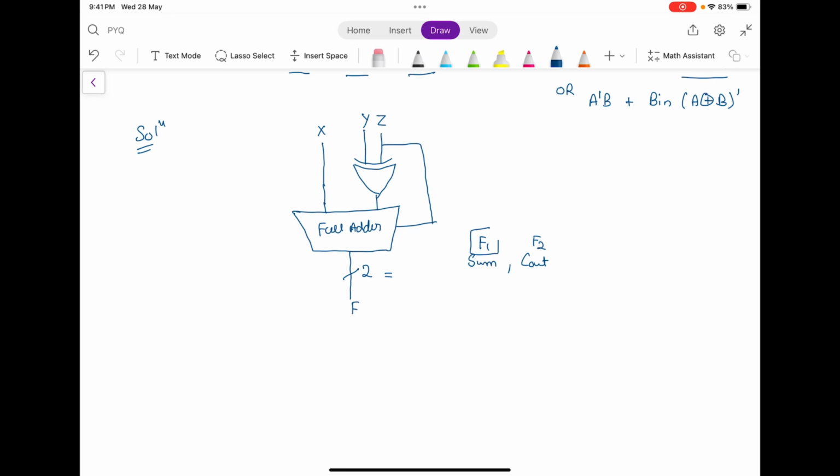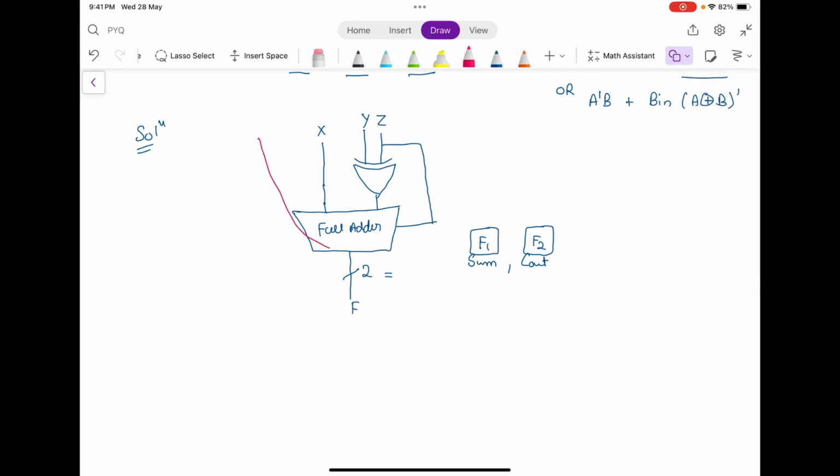So we'll denote them with F1 and F2 to avoid confusion that the full adder is going to behave as something else, because the entire circuit is now this, which is equivalent to a black box.